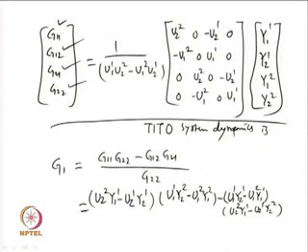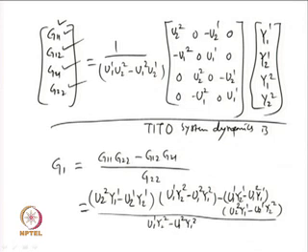When I substitute these G values, G 1 1, G 1 2, G 2 1, G 2 2, in this expression, I get it in this form, divided by U 1 1 Y 2 2 minus U 1 2 Y 1 2 times U 1 1 Y 2 U 2 2 minus U 1 2 U 2 1.